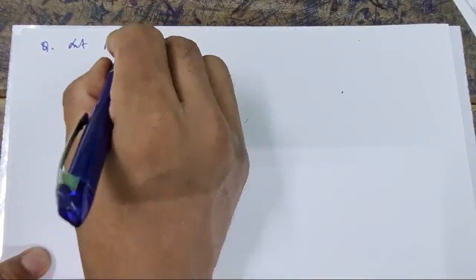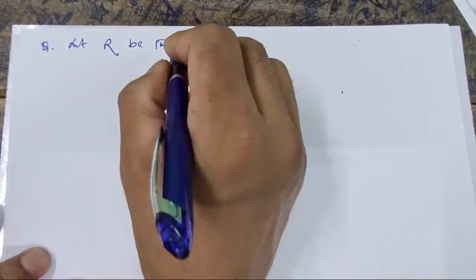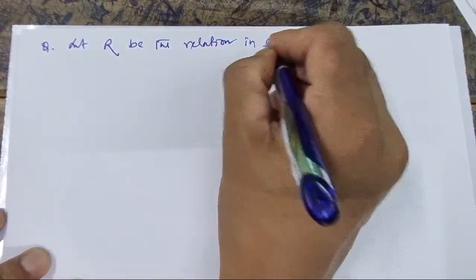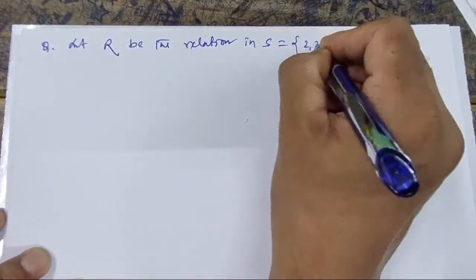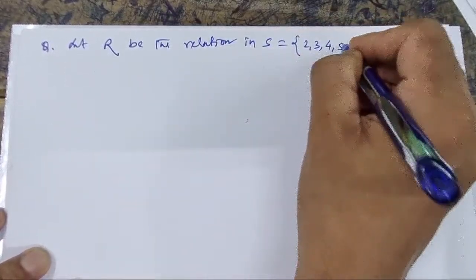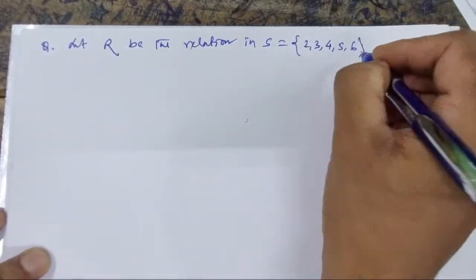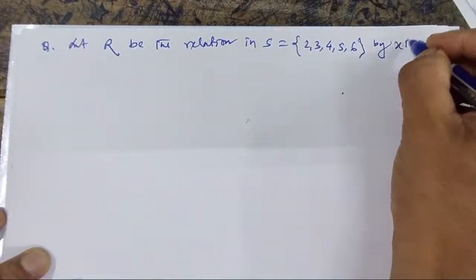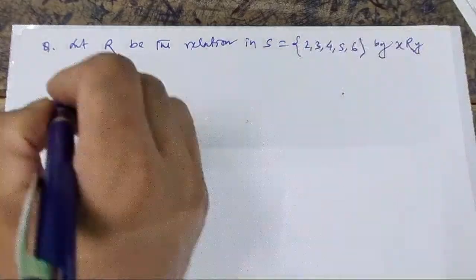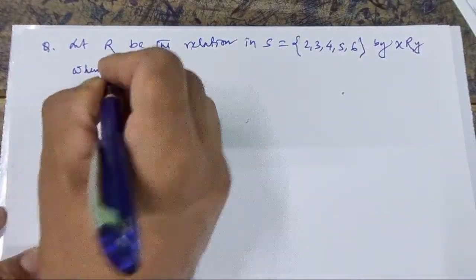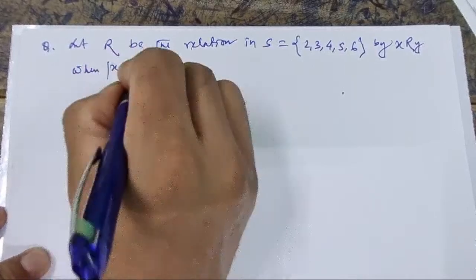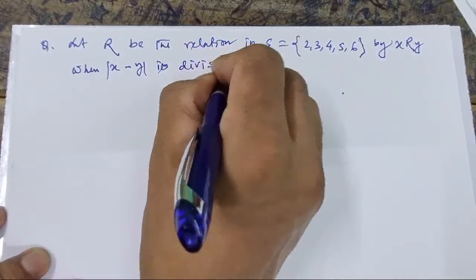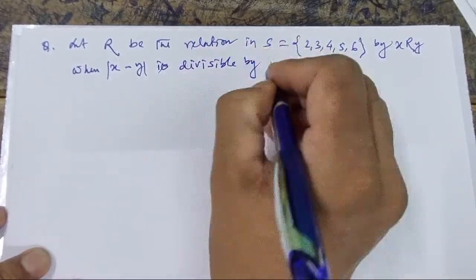Okay, let R be the relation in S equals {2, 3, 4, 5, 6} defined by x R y when x minus y is divisible by 3.